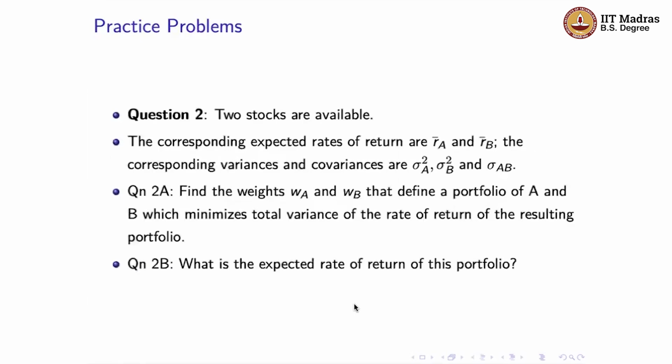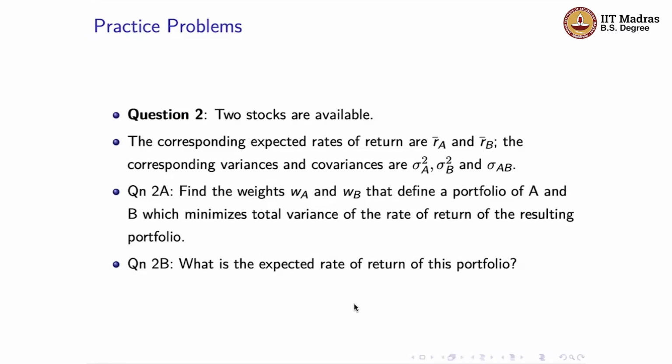Okay, let's look at our second question. We have two stocks, A and B, that are available. The expected rates of return on the two stocks are R bar A and R bar B, the variances of the returns are sigma square A and sigma square B, and the covariance of the returns is given by sigma AB.